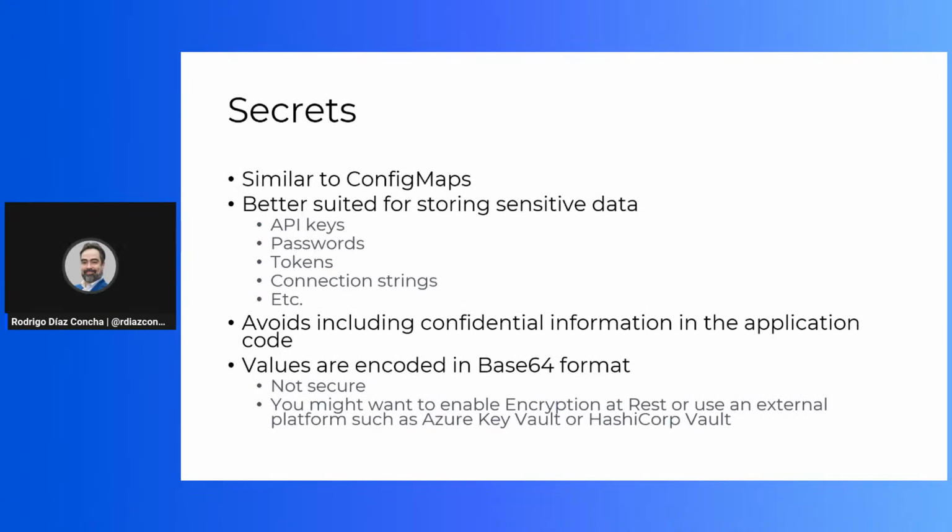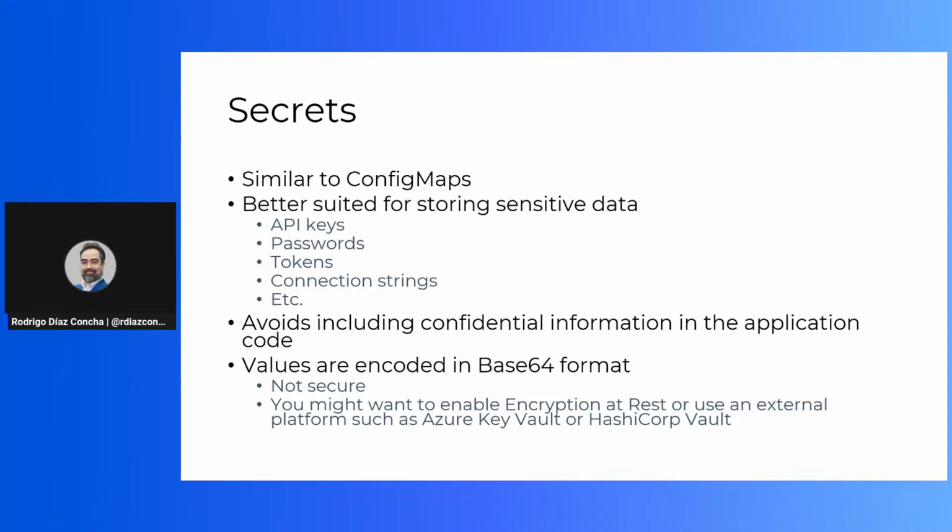Secrets are similar to config maps, and they are better suited for storing sensitive data such as connection strings, API keys, passwords, or whatnot. Okay. However, out of the box, those values are not encrypted. They're just encoded in base 64 format.